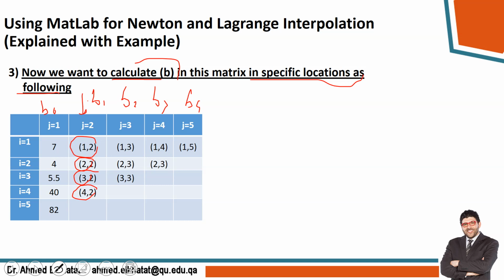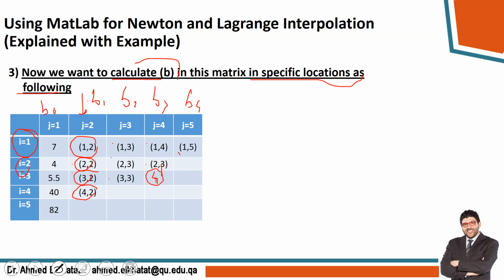We call the rows I1, I2, I3, I4, I5, and the columns G1, G2, G3, G4. So we want only these locations. This location is 1,2, this is 2,2, this is 3,2, this is 4,2, and then 1,3, 2,3. Here we have 1,4 and 2,3, and here we have 1,5. Sorry, this one should be 1,4 by mistake.